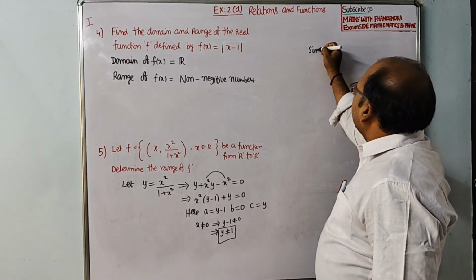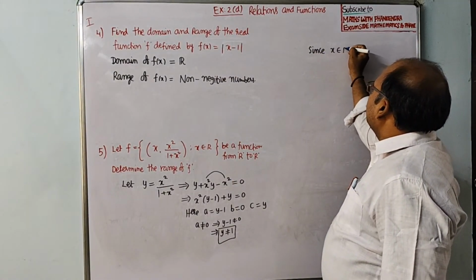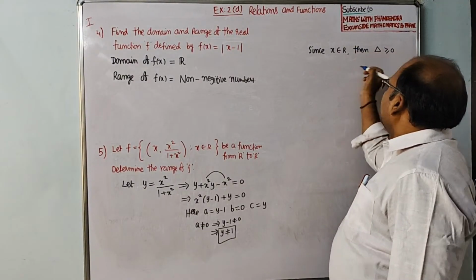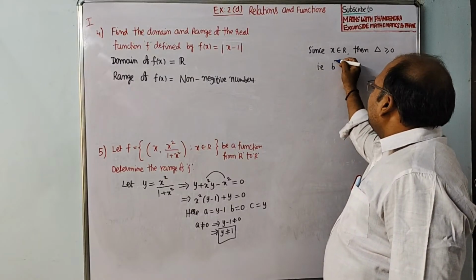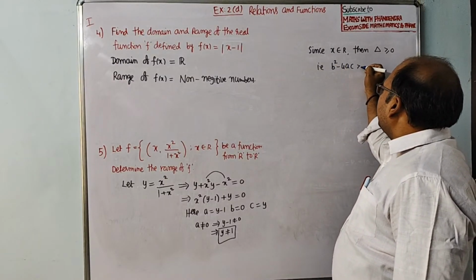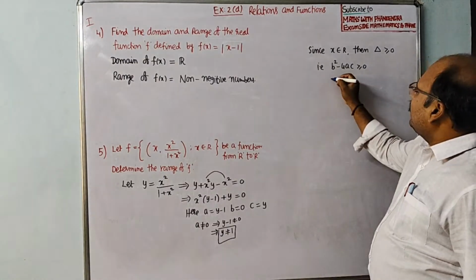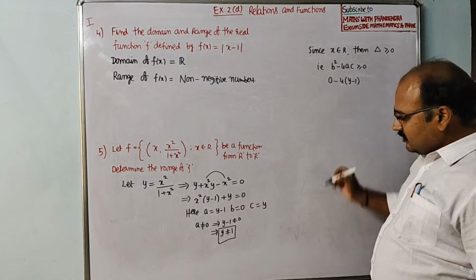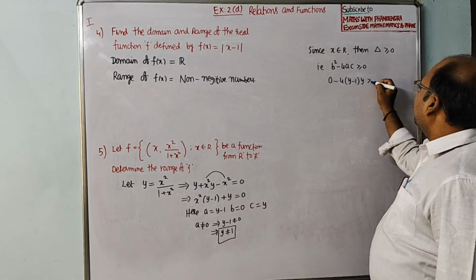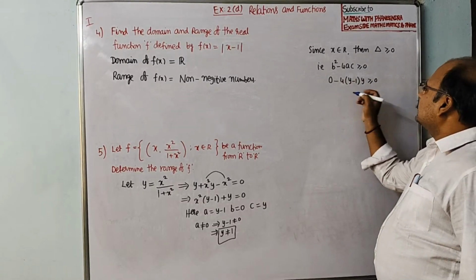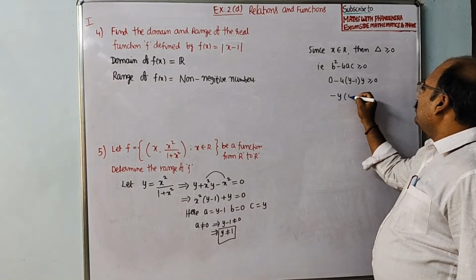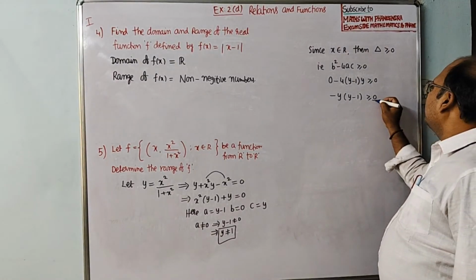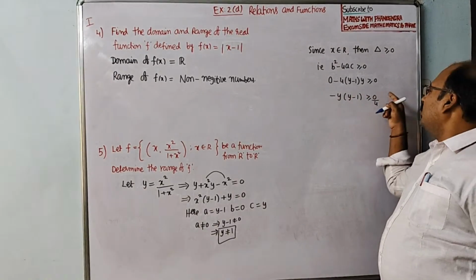Later, since x belongs to real numbers, delta is greater than or equal to 0. Delta means b squared minus 4ac, that is b squared minus 4ac greater than or equal to 0. B squared means 0, minus 4 into a value y minus 1, c value y, greater than or equal to 0. Bring 4 to this side: minus y into y minus 1 is greater than or equal to 0 by 4, and 0 by anything is 0.